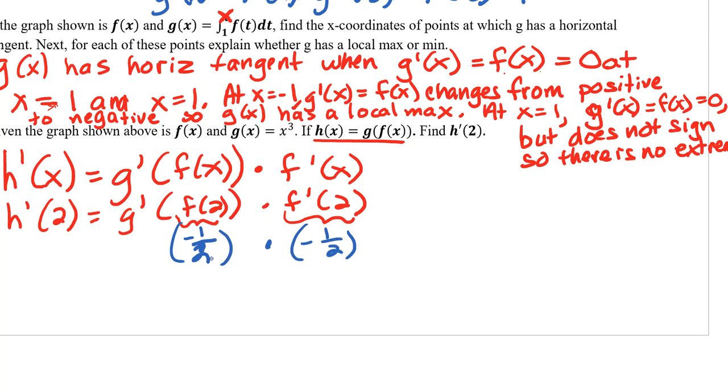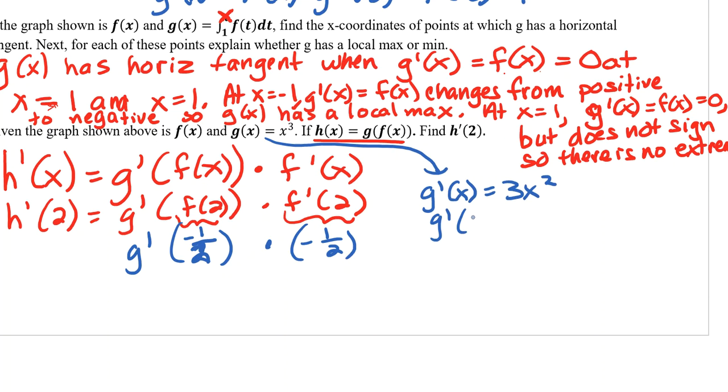All right, so now we have to find out what g prime of negative 1/2 is equal to. So what is g prime? G prime would be 3x squared. So g prime at negative 1/2 would be 3 times 1/4. So now we have 3/4.